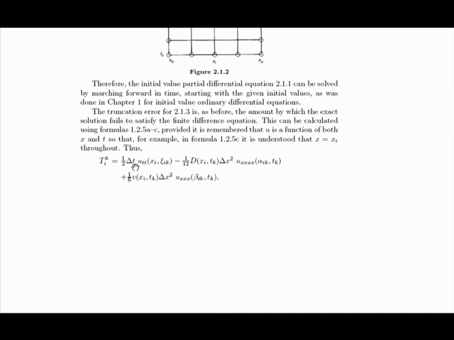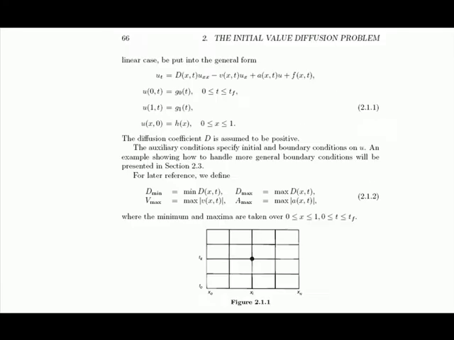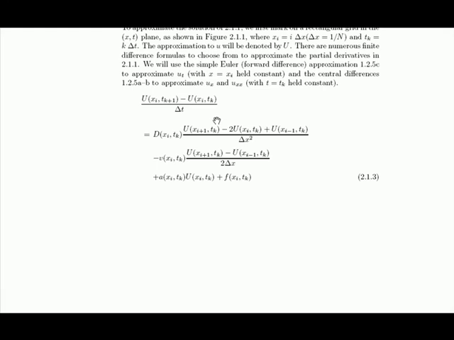Anyway, you get exactly what you would expect, that it's first order in time and second order in space. This requires a little bit of work, but that's exactly what you would expect for the truncation error. It's the amount by which the exact solution, little u, the solution of the partial differential equation, fails to satisfy the approximate equation. We get the delta t term from this approximation and the delta x squared term from this approximation.